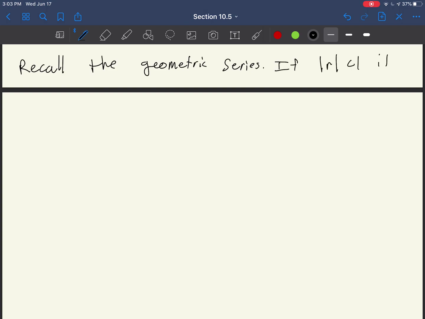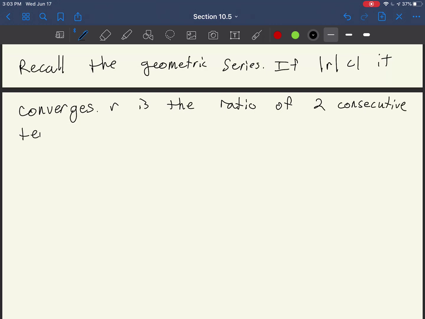In a geometric series, if the absolute value of r is less than 1, then the series converges. So the question is, what is r? R we define to be the common ratio, which is the ratio of 2 consecutive terms.